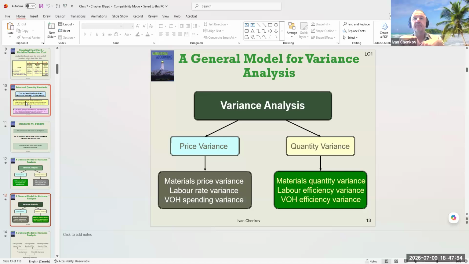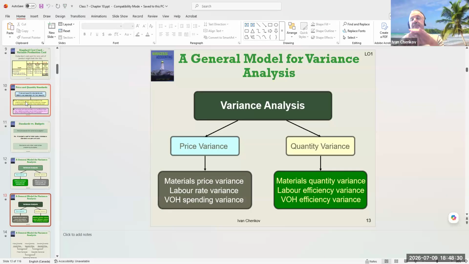For the labor, if the standard rate changes in comparison to the actual rate, we're going to have the labor rate variance. On the quantity variance, if the amount of hours changes from the hours that we need to use to produce the production based on our standards versus the actual amount of hours that we used to produce the actual units of production, we'll call that labor efficiency variance.